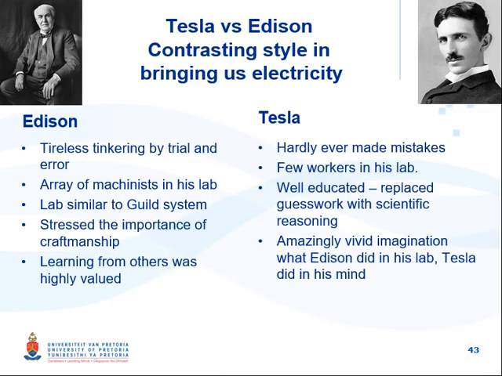In the next two slides, by comparing Tesla and Edison, we would like to understand how different personalities and approaches to innovation can impact the development of a technology. By using the case study of Coalbrookdale and Silicon Valley, we could find some differences, because one was leading in the first industrial revolution, the other in the third.